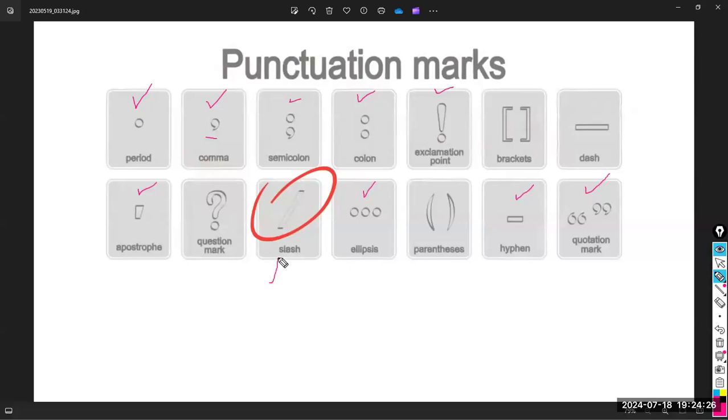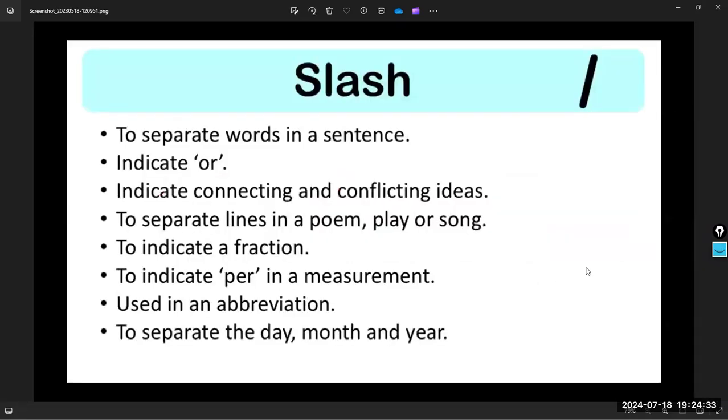Okay, let's talk about slash. Now, what are the rules of using a slash in punctuation marks? These are the uses of slash. Number one, to separate words in a sentence. Two, to indicate connecting and conflicting ideas. Absolutely, we have to discuss all of them in detail. Three, to separate lines in a poem, in a play, or in a song.